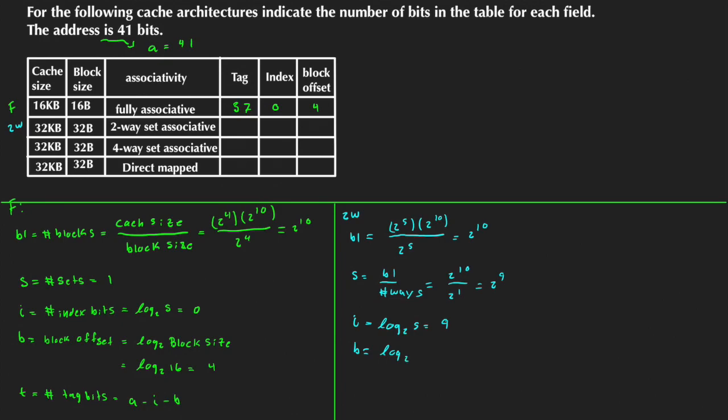Next, we find B, our block offset, log base 2 of 32, going to be 5. And then our tag is 41 minus our index 9 minus our block offset B, and that's going to be 27. So let's fill out the table.